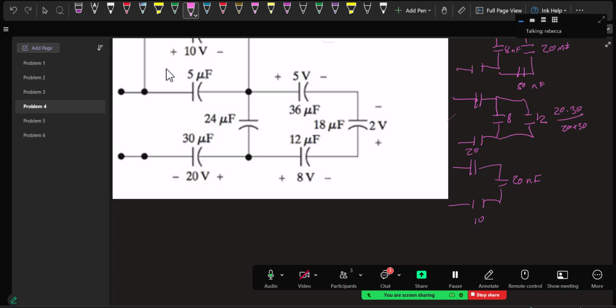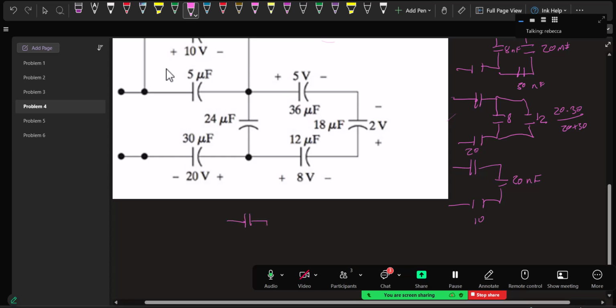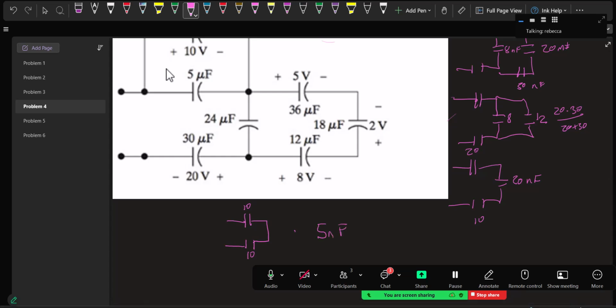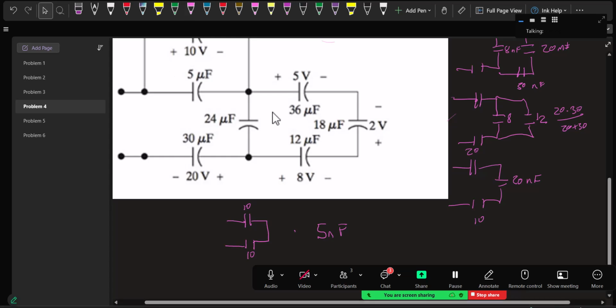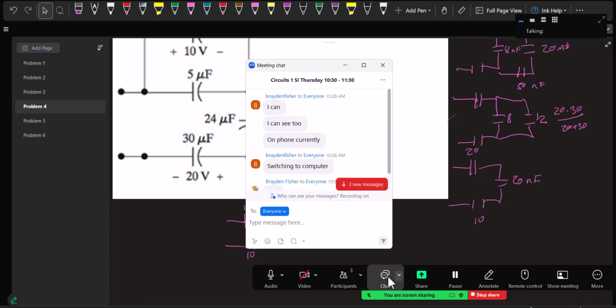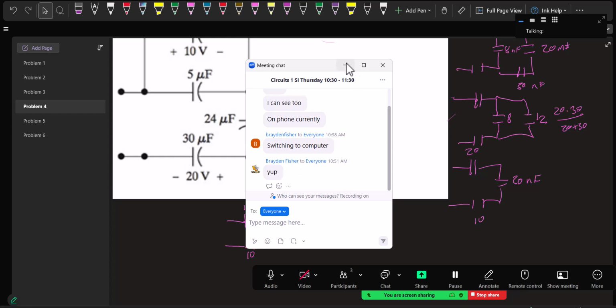So if I do this 20 and this 20 together, the equivalent capacitance there is 10. And then now I have a 10 and a 10 in series, and so that equivalent capacitance will be 5 nanofarads. And let's see if that's actually right. And that is actually right.